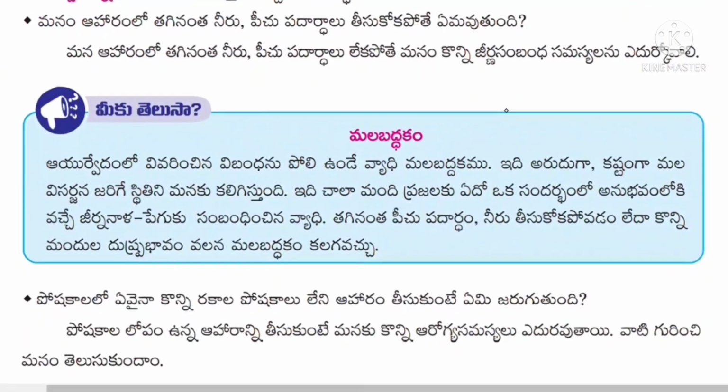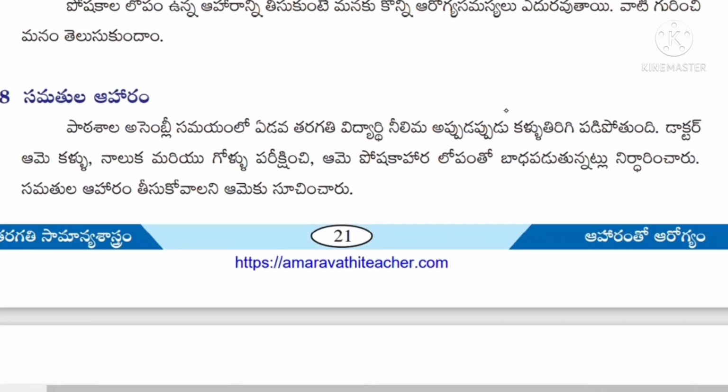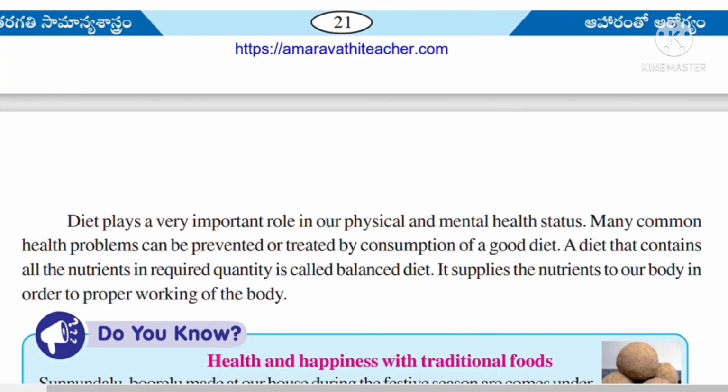Diet plays an important role in our physical and mental health. Many common health problems can be prevented or treated by consuming a good diet. So if we take a good diet, our health also becomes very good. A diet that contains all the nutrients in required quantity is called a balanced diet.